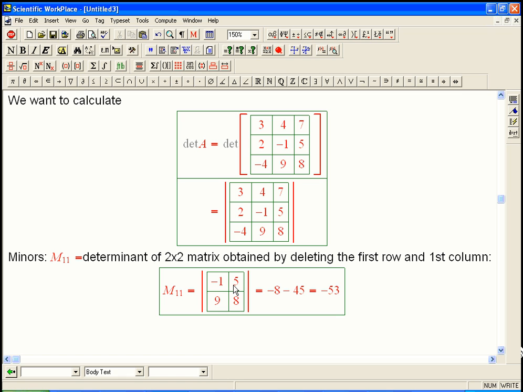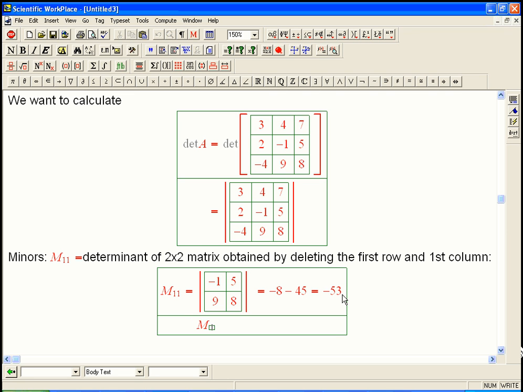So that's what's called a minor. And it's a minor because it's a smaller determinant than what you set out to calculate originally. You might think, what does this have to do with a big determinant? We'll see in a minute. M23, for example, is the 2,3 minor. It means focus on the second row.